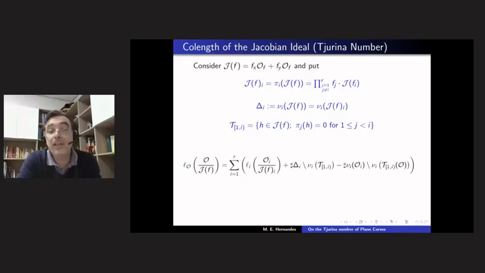This is not the same as the Jacobian ideal with respect to Fi, but the projection is the Jacobian ideal of the branch Fi times the product of all equations of the other branches. And we indicate the value set of the projection with respect to I by delta I.